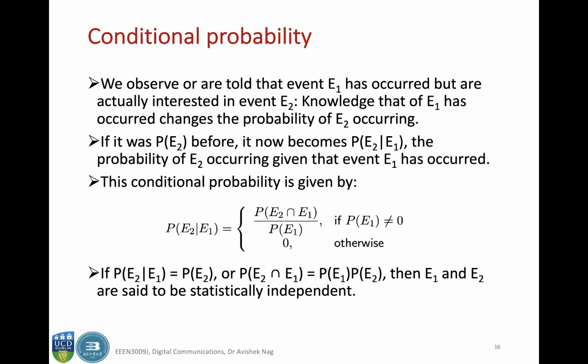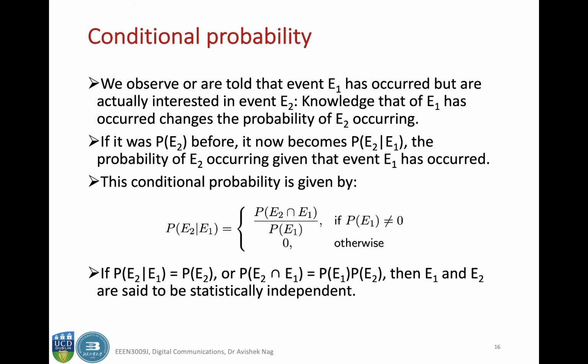So let's say the event E1 has already occurred, and you want to find out the probability of event E2 given that E1 has already occurred.